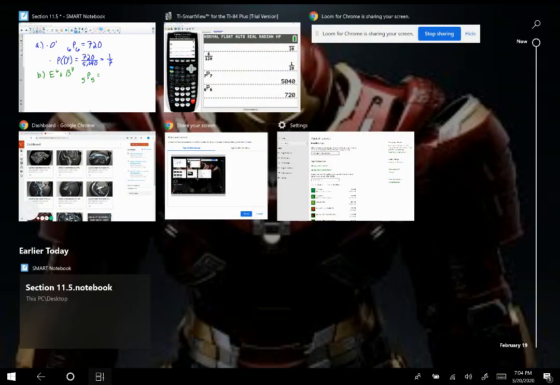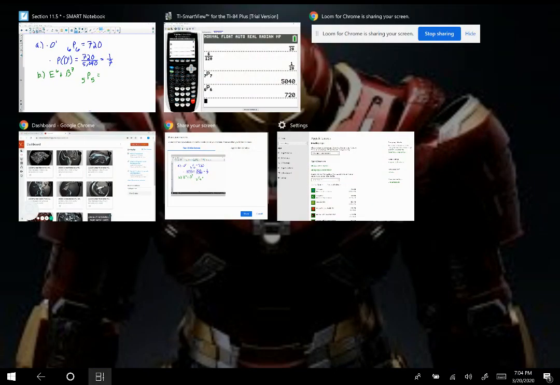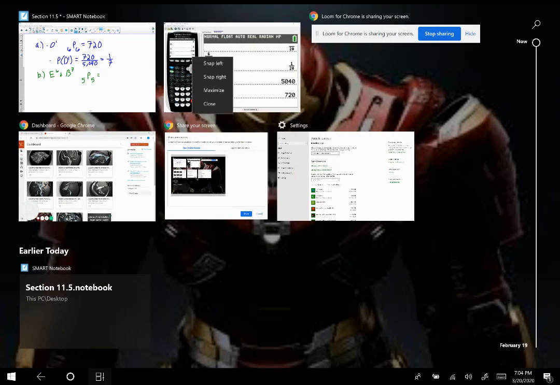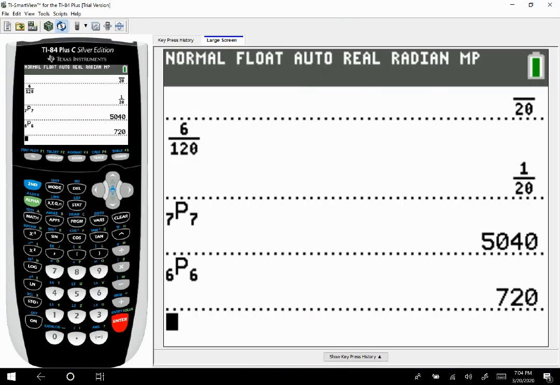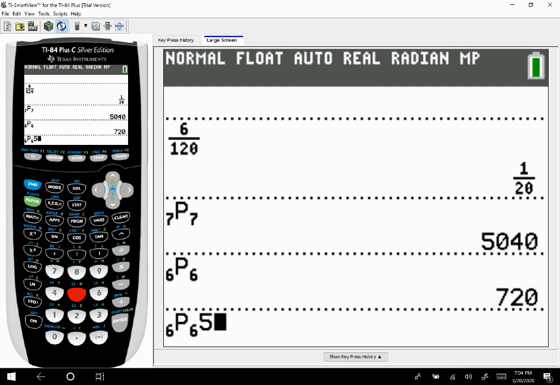Let's run our 5P5. Looks like it didn't grab my calculator. Let's do that again. There we go. So I'm going to scroll up, grab the 6P6, and just change it to a 5P5.